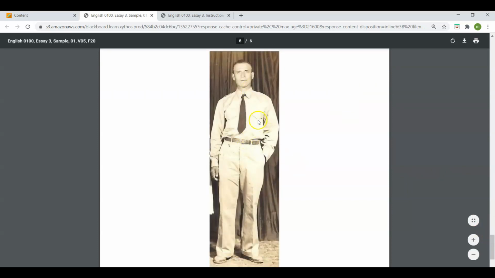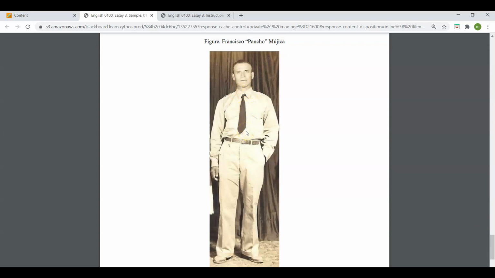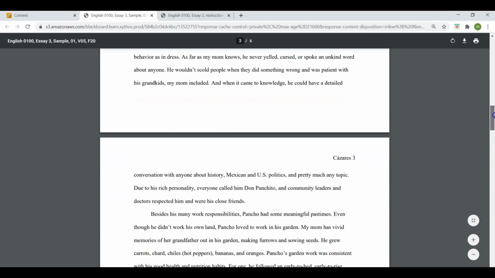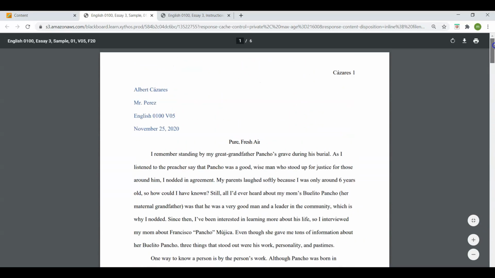I often think of this picture. And like I said, he was wearing a tie and of course my dad never wears ties, very seldom. But he's a great person too. But to me, it's really impressive that he was very formal, and as you'll read in the essay, he did a lot of work, and he took it very seriously, and part of that was being formal in the way that he dressed.